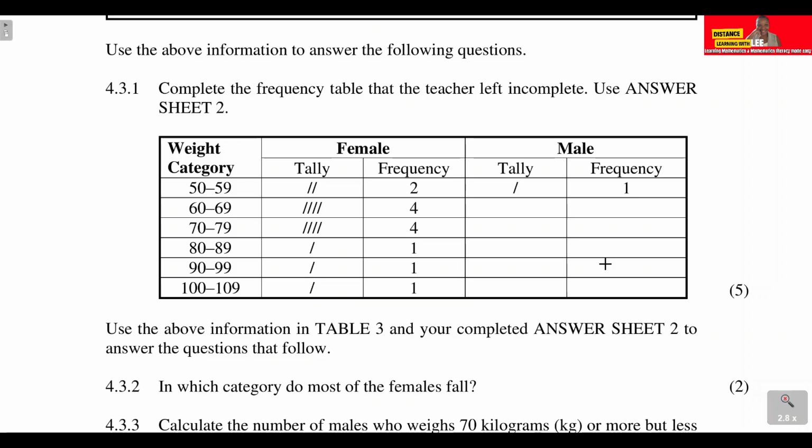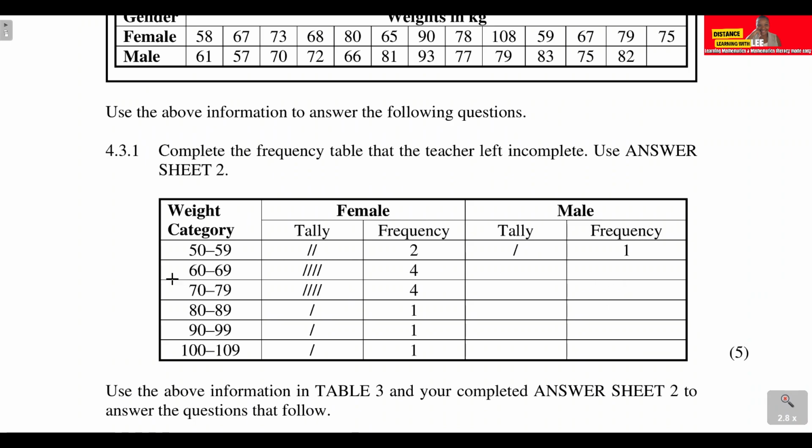A frequency table helps you determine how often something occurs. When you're talking about frequency, we're talking about how often something occurs, or the rate at which something occurs.